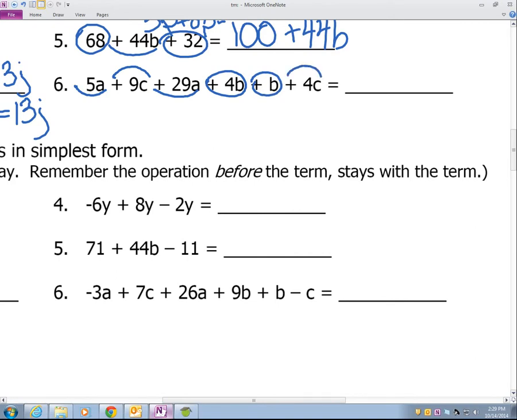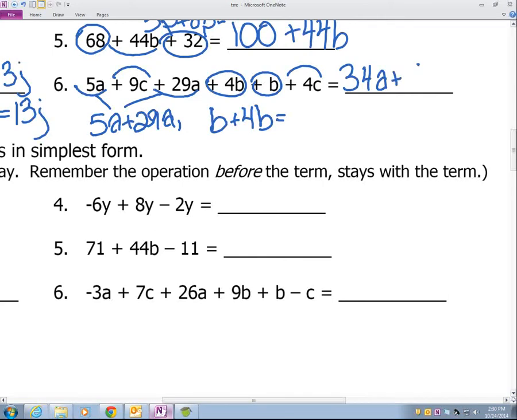And just by glancing at it, I can see that the 2 things that have the similar underscore, we have 5A plus 29A. That becomes 34A. Then we have B plus 4B, which equals 5B. Good. And it's a positive 5B, so it's 5B.